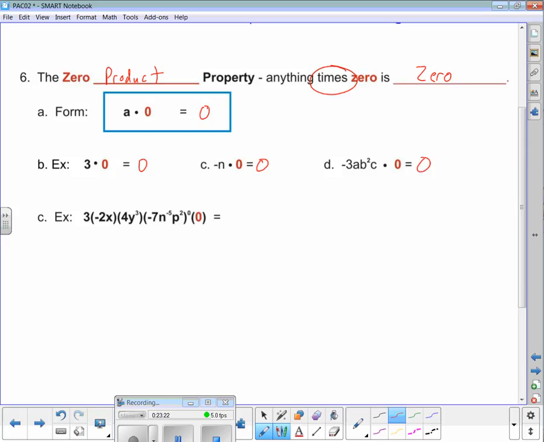Here's a hard one. 3 times -2x times 4y squared times -7 n to the -5th p squared to the 0 times 0. You guys are amazing, right? Math's easy if you know the property. Hey, I don't care if you're multiplying 50,000 things in a row. If one of them is a 0, the product's going to be 0. It's not gum in your mouth, is it? Good. All right. So that's the lesson.